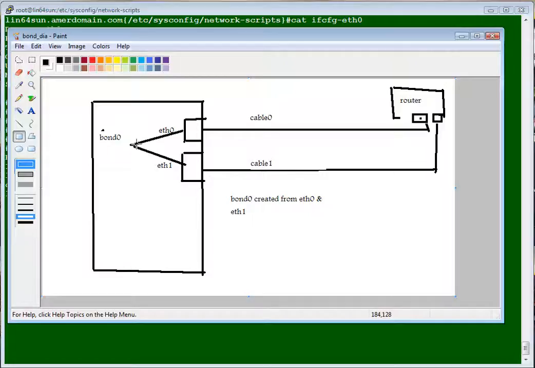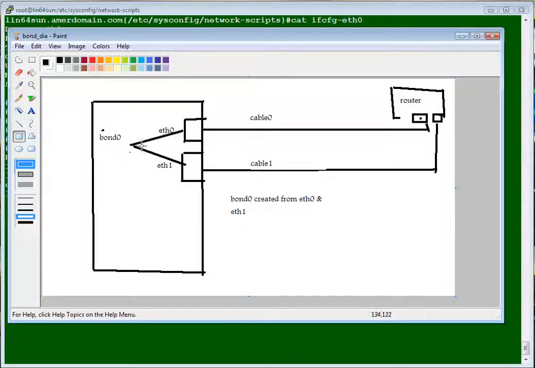So there could be any possibility that eth0, where you assign the IP, may not work. In these scenarios you have to configure another Ethernet card so that it will be backup to your main Ethernet card.